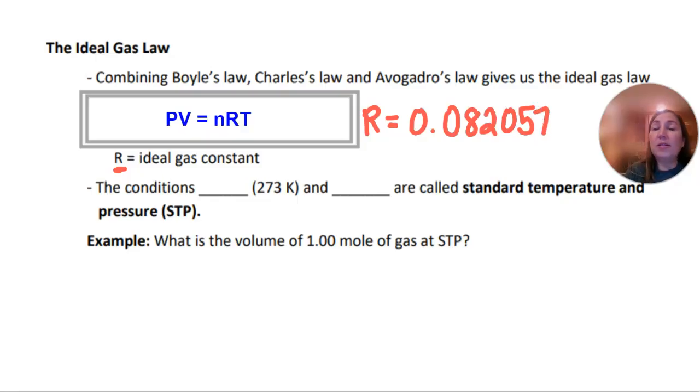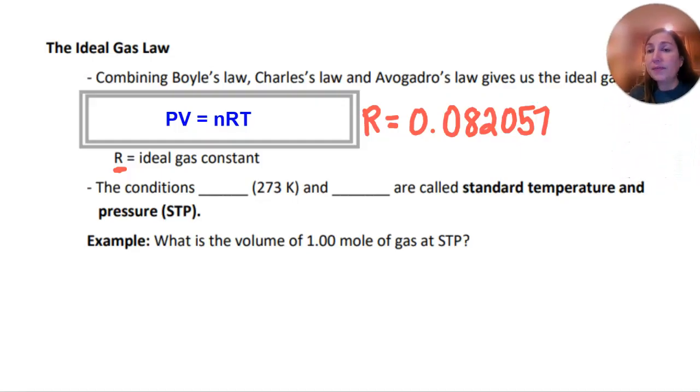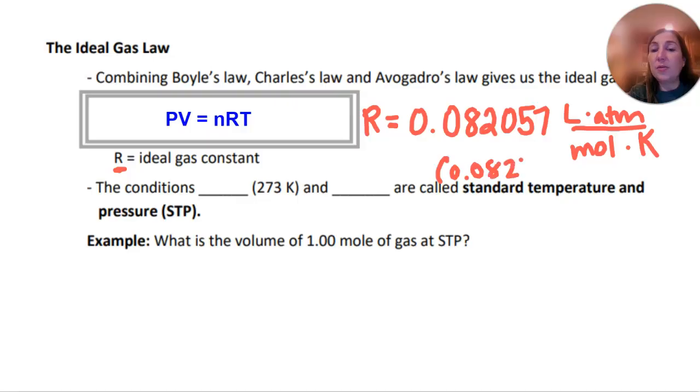Its units are liter atmosphere over moles times Kelvin. So it's got this 4-part unit for really the 4 variables. I often find myself simplifying this to 0.0821. Just in case I do that, know that I think that's a close enough approximation.